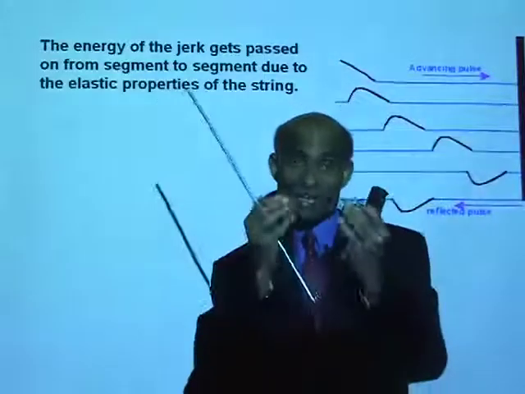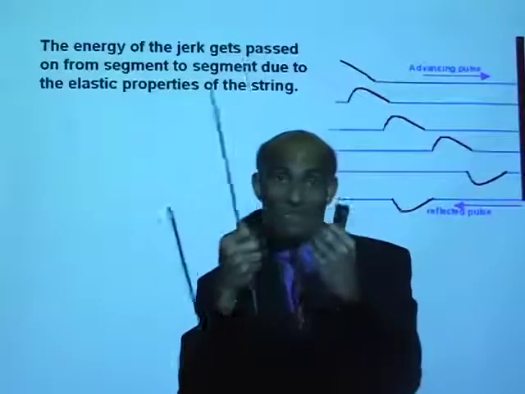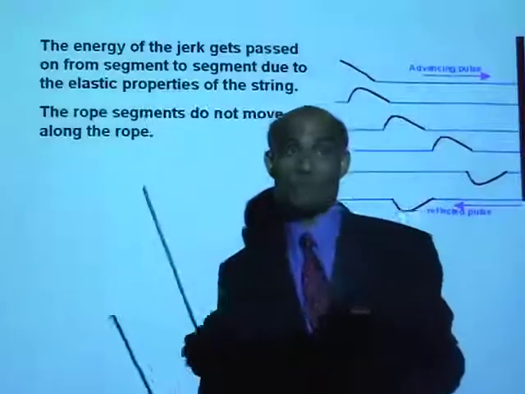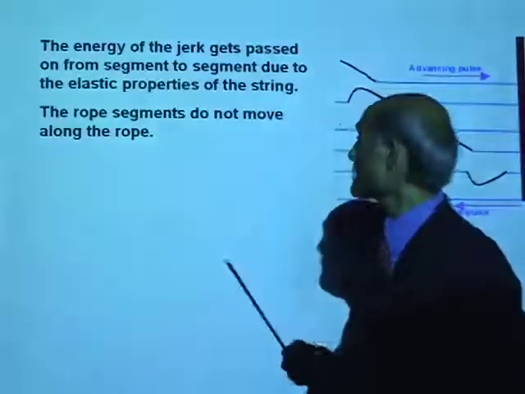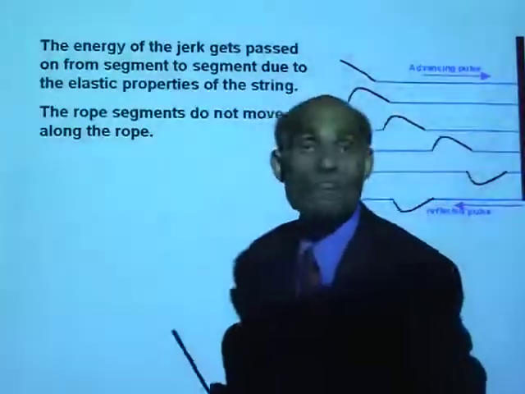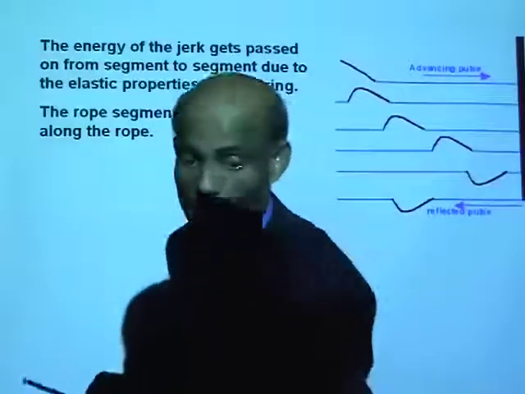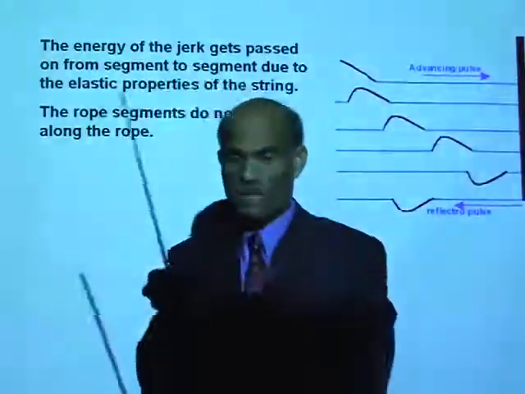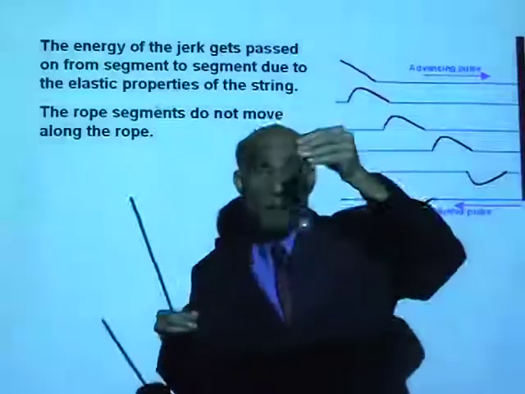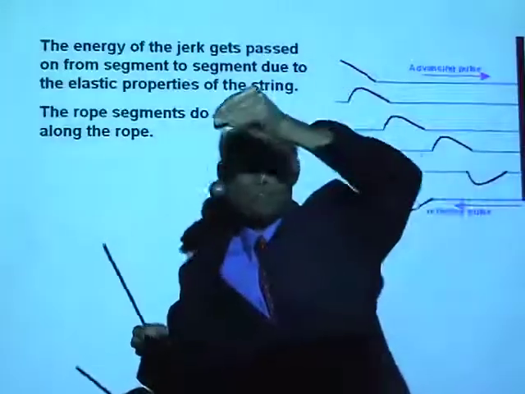You see that? It's the elastic properties that bind the particles together. Now, remember, the rope segments do not move away from their positions. The rope segments simply vibrate up and down like this particle.